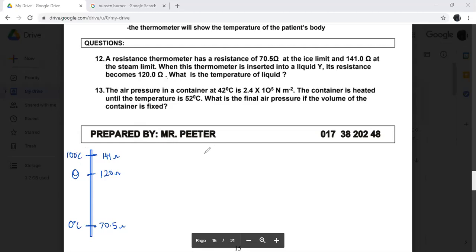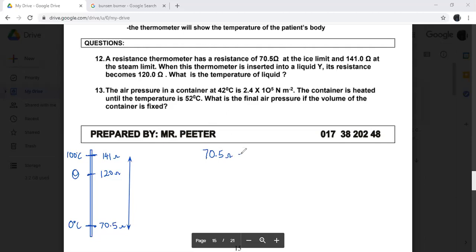So what we're going to do, we're going to take 141 minus 70.5. We get 70.5. So we know now that from 141 to 70.5, guys, it's 70.5 ohms.